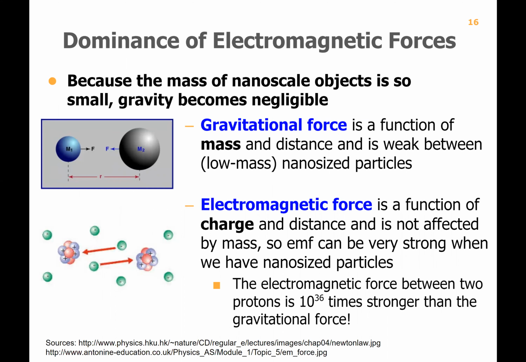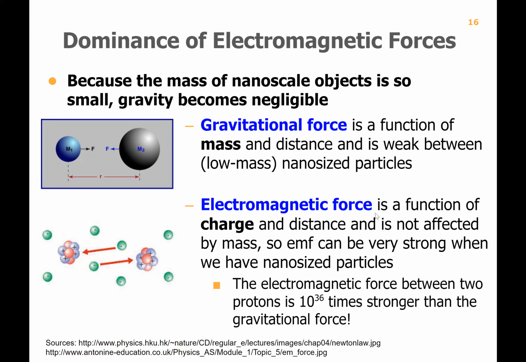So, the dominance of electromagnetic forces. Because the mass of nanoscale objects is so small, gravity becomes negligible. This is particularly because gravity is a function of mass and distance and is therefore very weak between low mass nanosized particles. So gravitational forces are almost zero, so they're negligible.